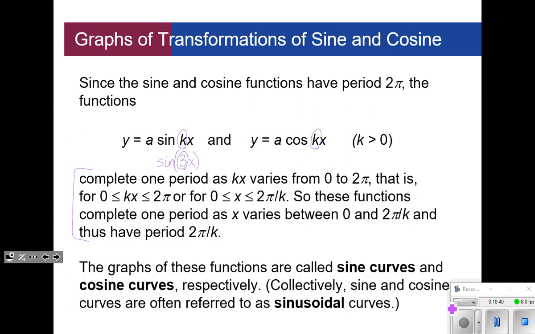Instead of a regular sine graph that looks like this, I am going to have it 3 times. That sine graph is going to occur 3 times in the same period from 0 to 2 pi. Again, if that confuses you, hang on, because we're going to have lots of examples.